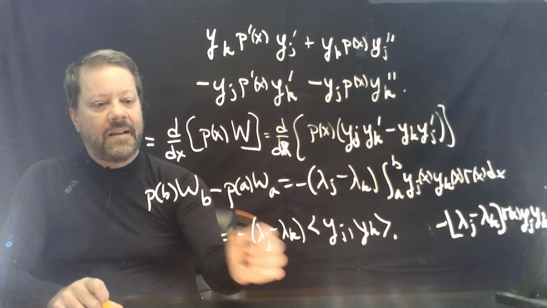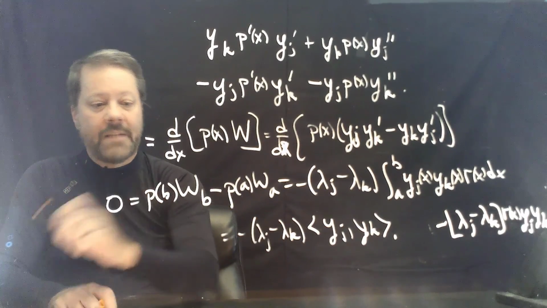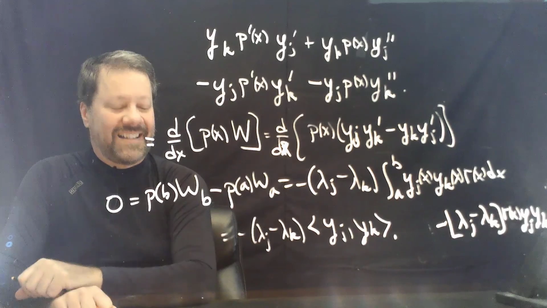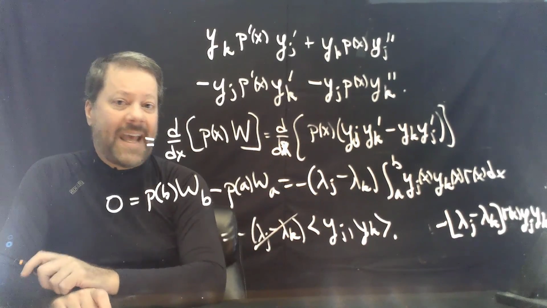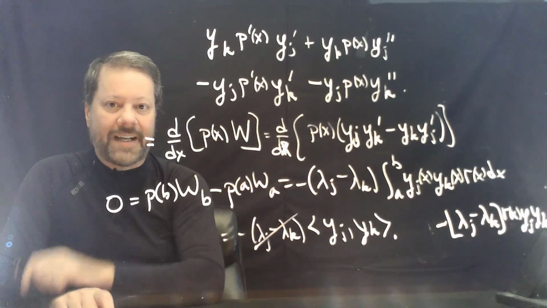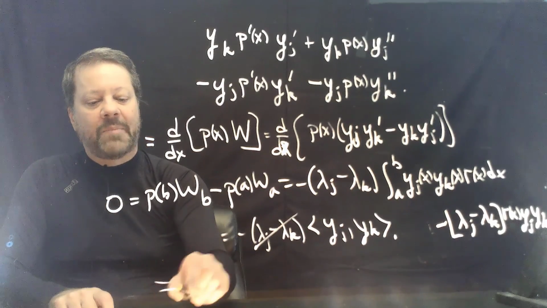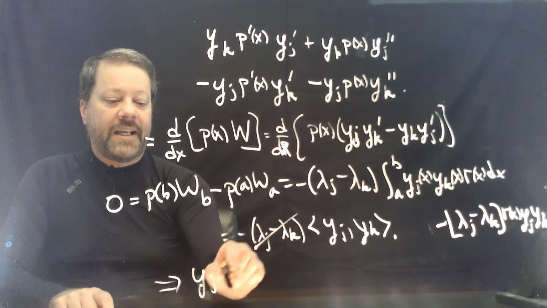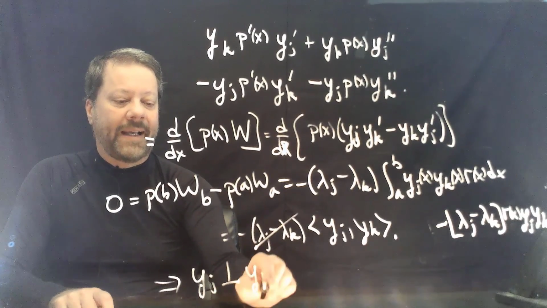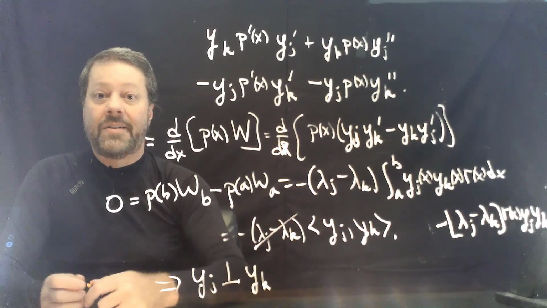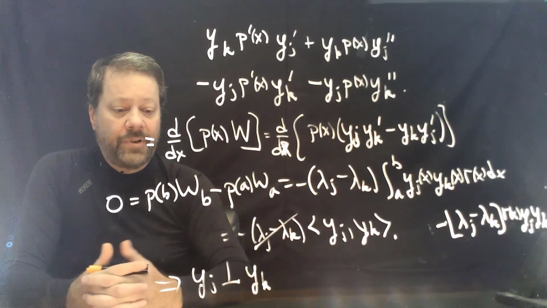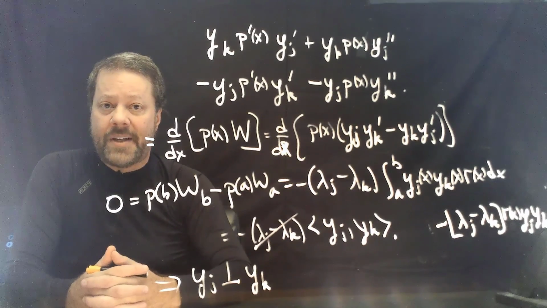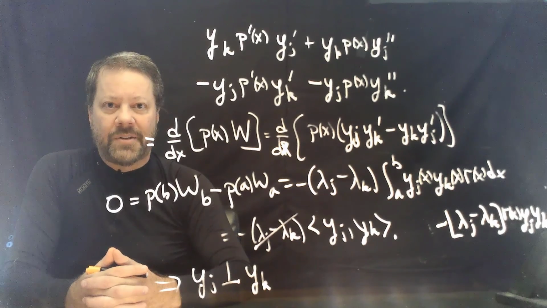Since the left-hand side has already been shown to be identically zero, and since yj and yk are not equal, since we're dealing with different eigenspaces, that implies then that yj is in fact orthogonal to yk, since the inner product is zero. That leaves only one issue left to prove, and that is that each eigenspace itself is one-dimensional.